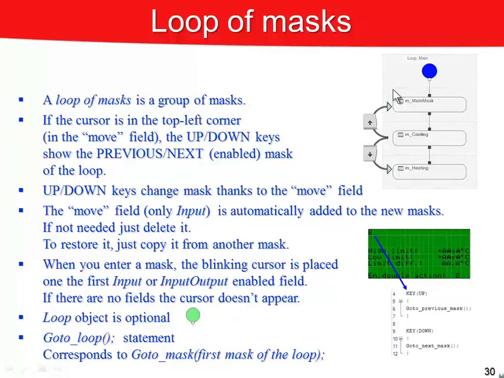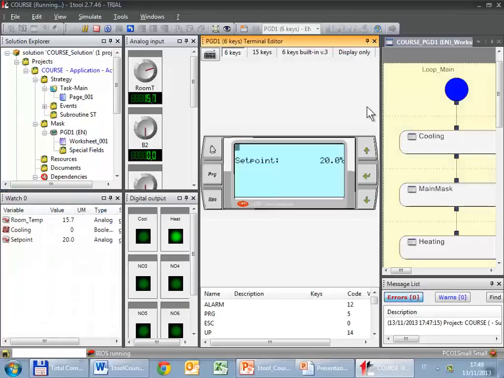I repeat that this concept, this object, is used in all applications. It's very typical to have loops with 10, 20, 30, 40 masks. For example, in the alarm loop it is very common to have more than 100 alarm masks. Sometimes we enter in the loop using a specific key, ask or PRG, alarm, and so on.